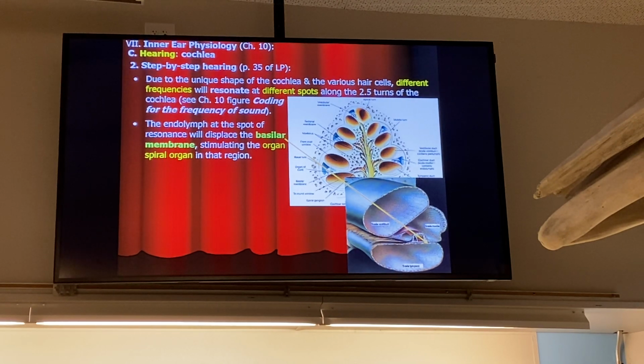So the hair cell is sitting on the basilar membrane, but the cilia are embedded in a tectorial membrane, and if the basilar membrane is pushed up, boom, it bends the hairs at that spot. Everybody sees that?